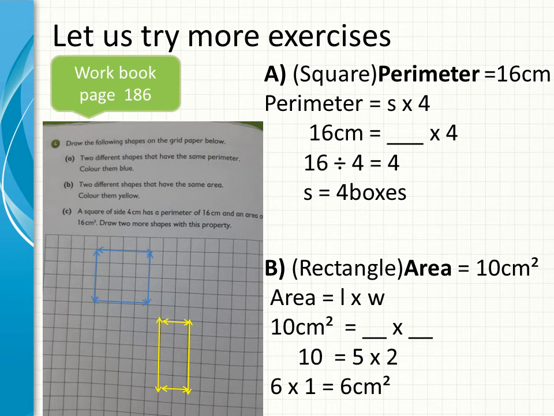Pick a perimeter, pick the side you want, pick anything you want. Choose your side, choose your perimeter, and then you can draw 2 different shapes of your choice still on this grid. Okay, so if you have done the workbook and I have not checked it, please send it to me and let me check it. And if you have not, then make the corrections and send them to me.